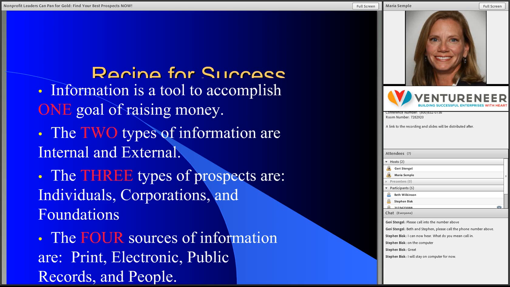So as researchers, what we end up doing is going out and finding information wherever we can in the public domain and pulling together all of these puzzle pieces and coming up with a concise profile on an individual that should really result in more meaningful gifts for both the institution and the donor.